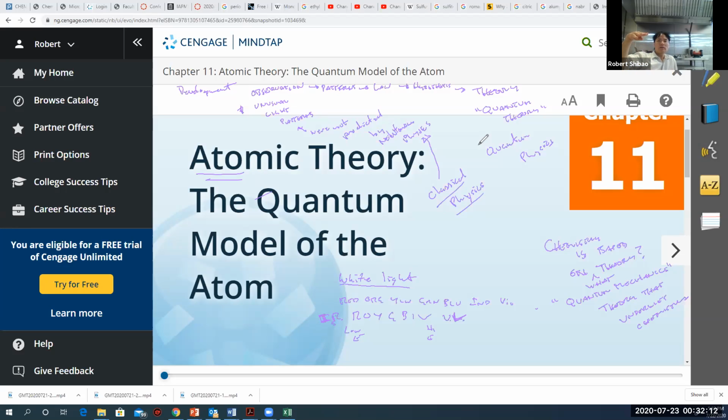A little more, orange, yellow, green, blue, indigo, violet. So basically what that means is as long as we can excite the electrons, we can make a light bulb out of anything with electrons.